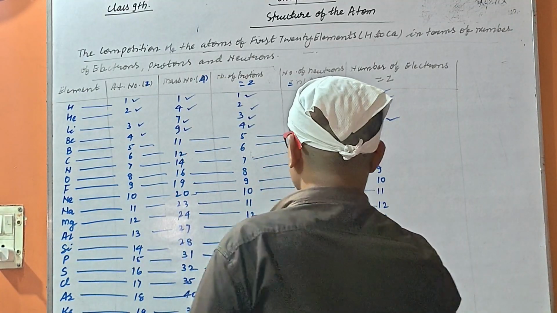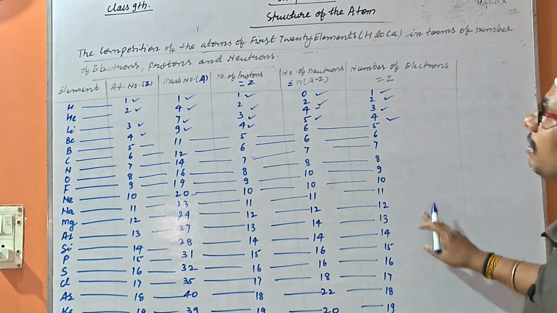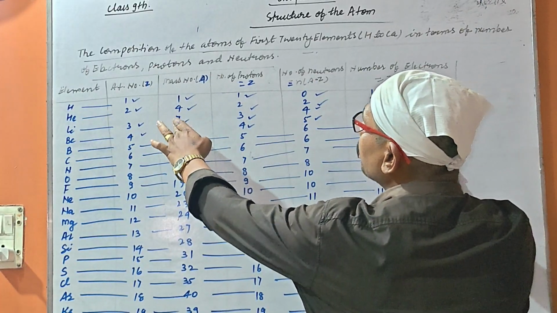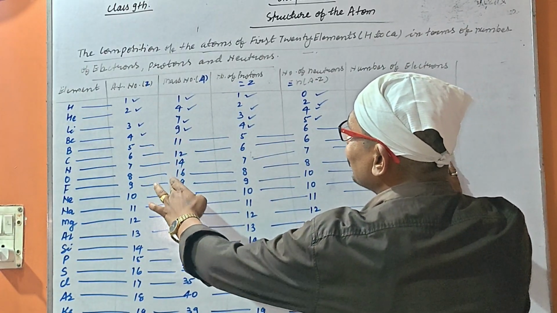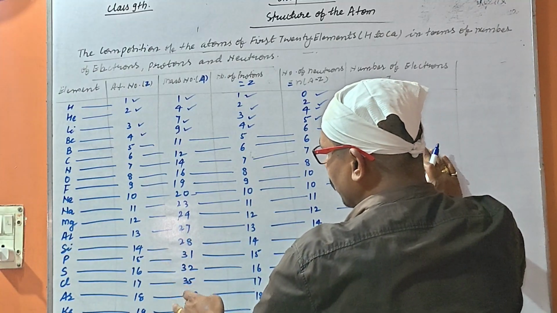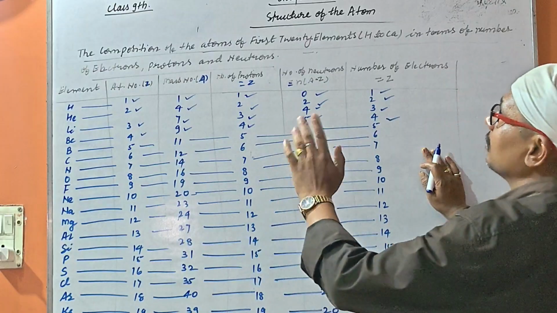Remember it in an easy way. You can see the number of electrons are the same, 1 to 20, and atomic numbers are the same. Mass numbers: 1, 4, 7, 9, 11, 12, 14, 16, 19, 20, 23, 24, 27, 28, 31, 32, 35, 40, 39, 40, from hydrogen to calcium.